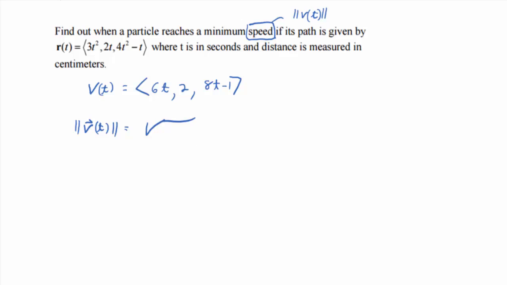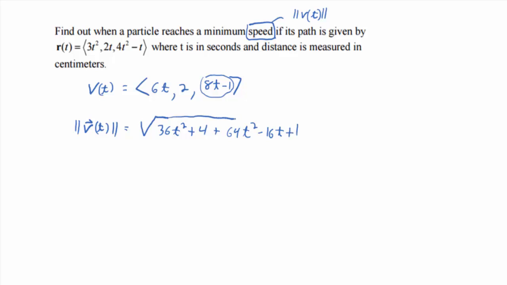Square root of, whoops, that's a horrible square root. Square root of what? Okay, 36t squared plus 4 plus, can I square this right away? What would that be? 64t squared, it's squaring a binomial, right? 64t squared minus 16t plus 1.